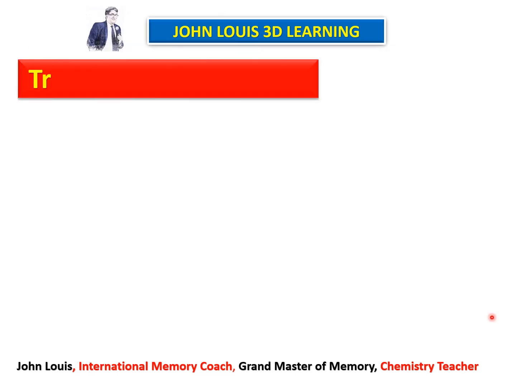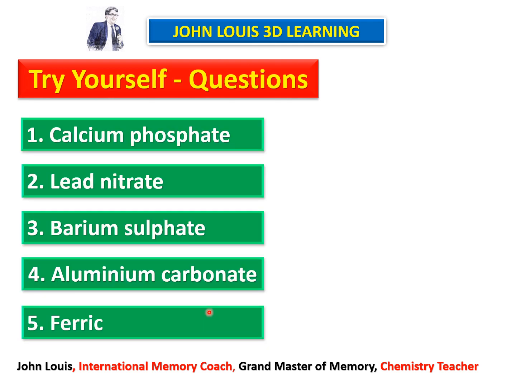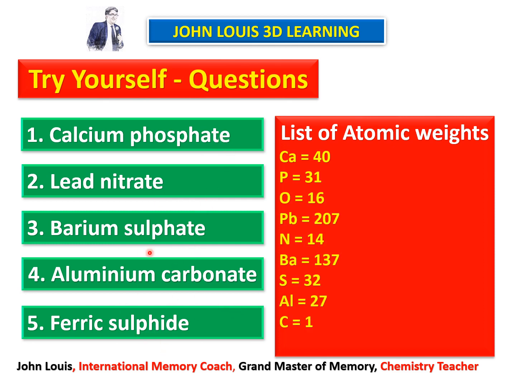Okay. So now here is the test for you. Try yourself questions. So I have given you 5 compounds here. First of all, what you need to do, you have to pause the video here. Try to find out its molecular formula and then using their atomic weights. I have given the atomic weights of all the elements we will come across in these 5 examples.